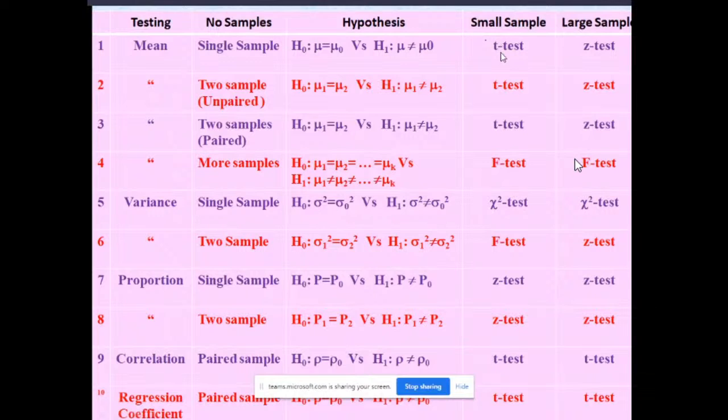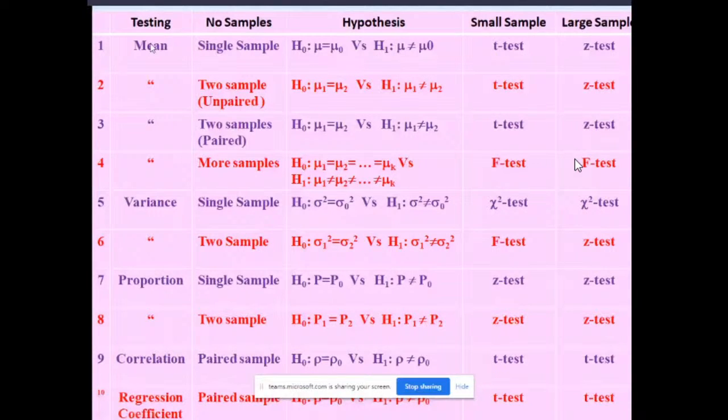Generally, you are going to use a t-test, and if it is a two sample case, then you are going to use the equality of the means. That is also another test, whether it is paired or unpaired, or related or unrelated samples. Okay, we are going to use the t-test.